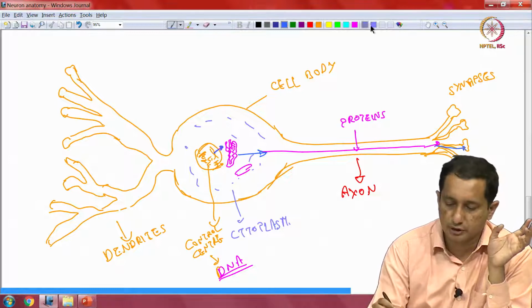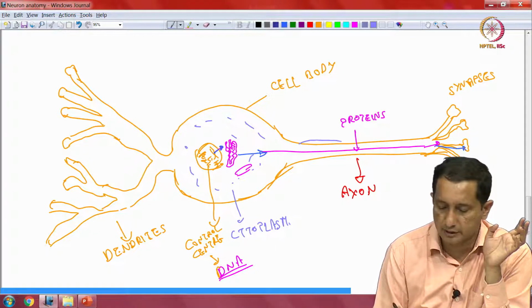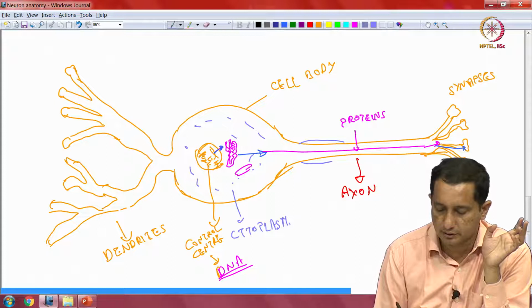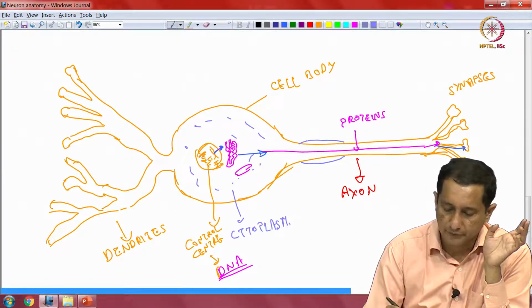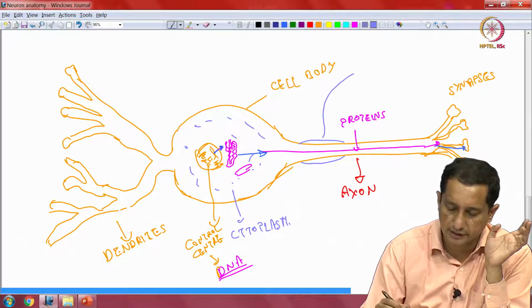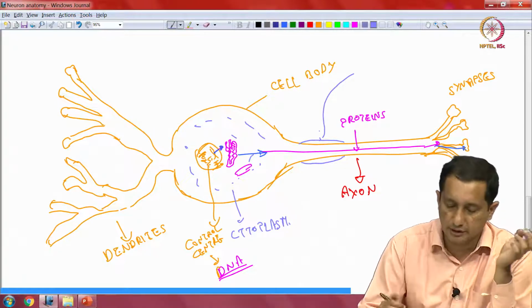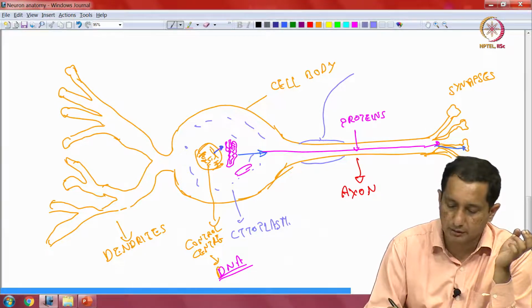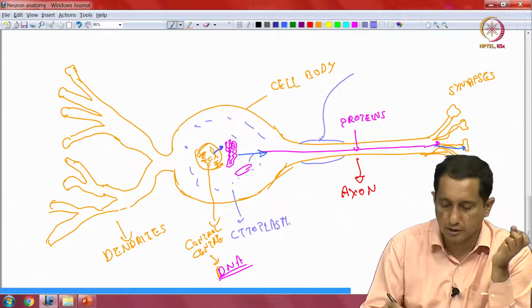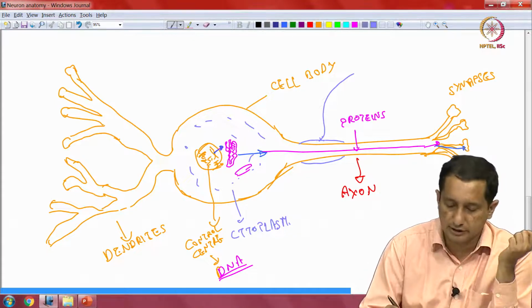I spoke to you about myelin. So, myelin is produced by other cells, and these cells actually wrap around the axon. So, it is not that the neuron produces these things.